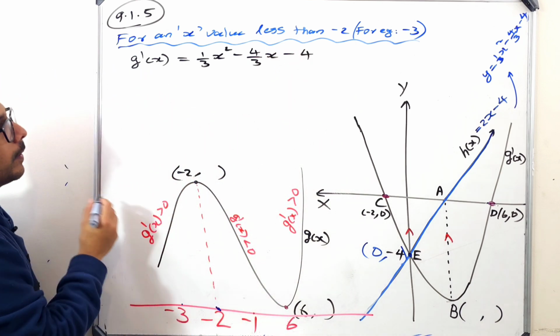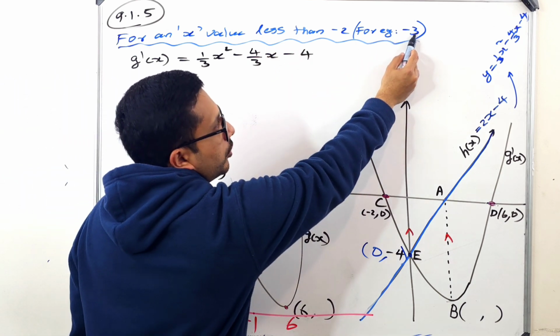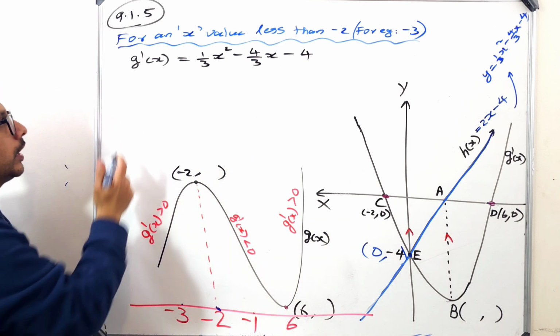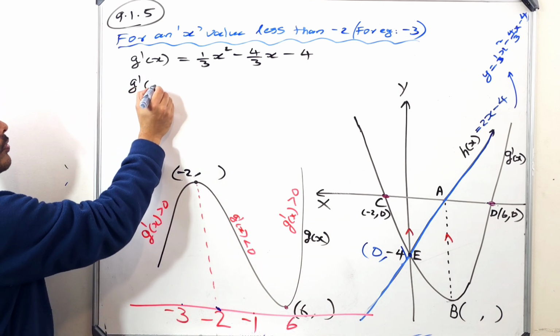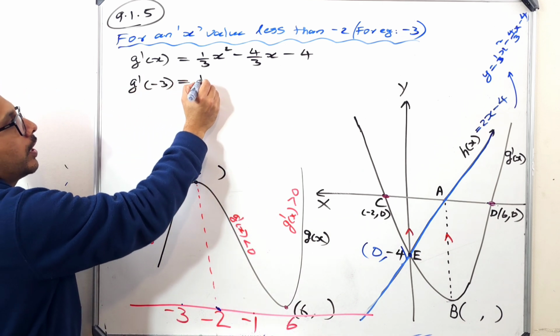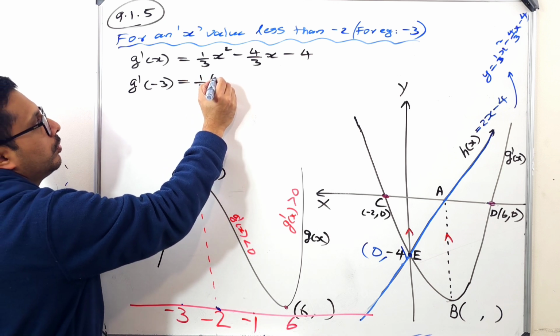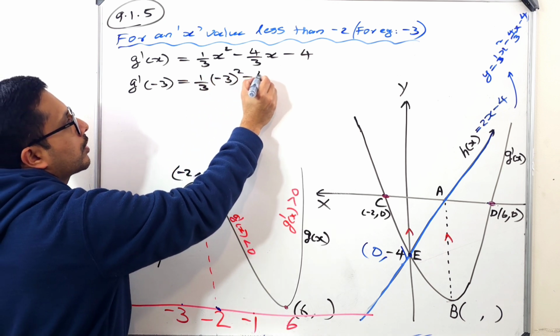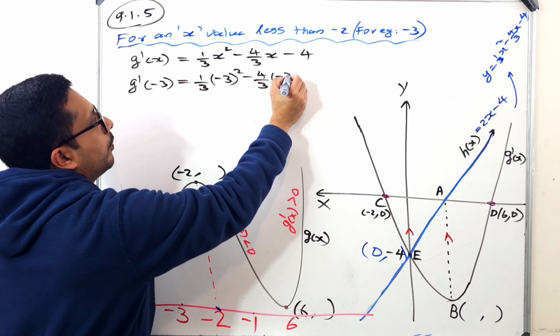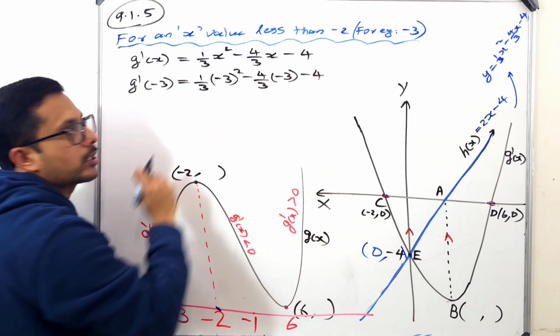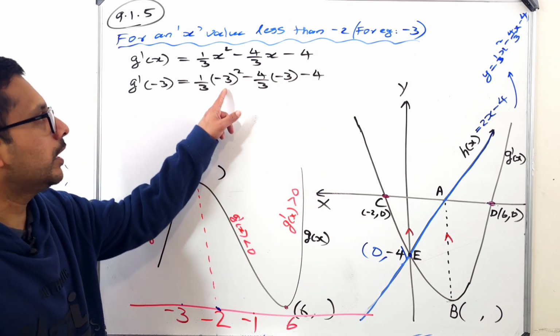Then what is the x value we took as an example? Minus 3. So g dash of minus 3 is 1 over 3 into minus 3 square minus 4 over 3 into minus 3 minus 4. I substitute the value of x as minus 3.